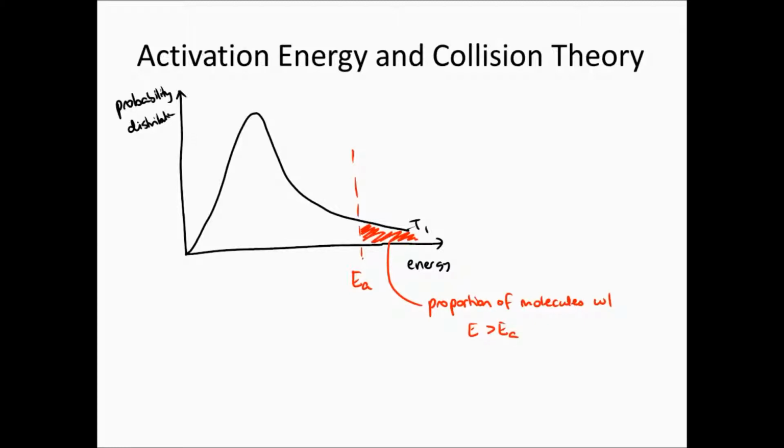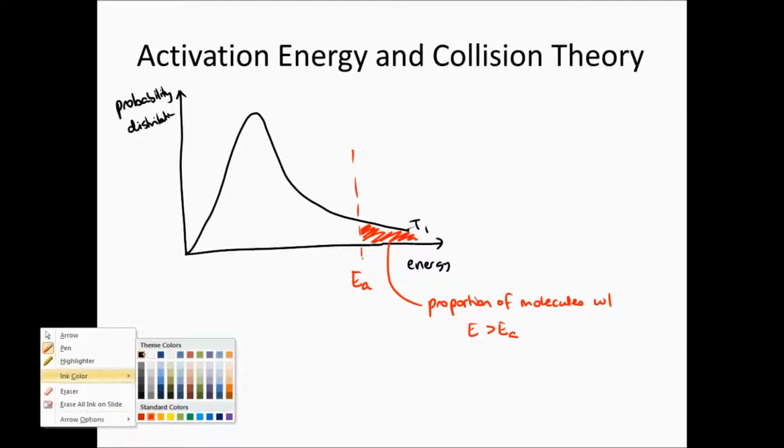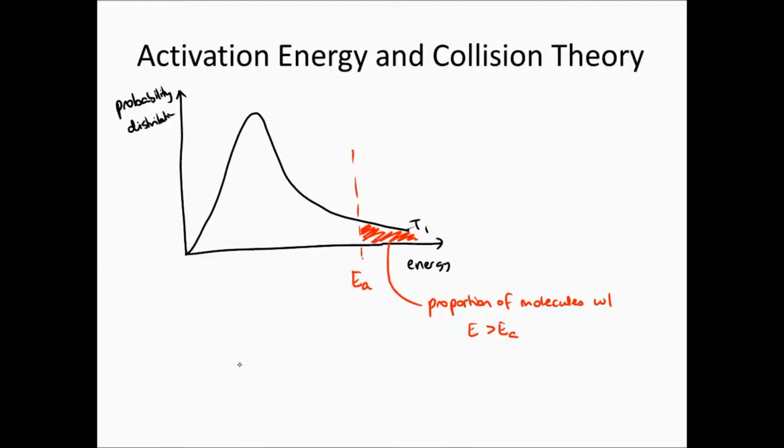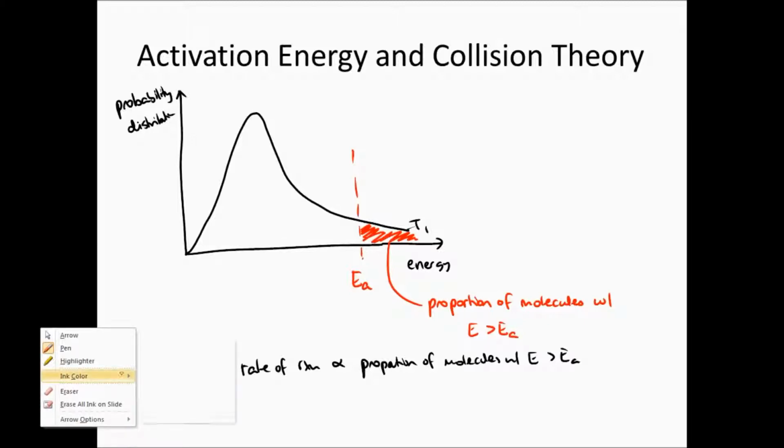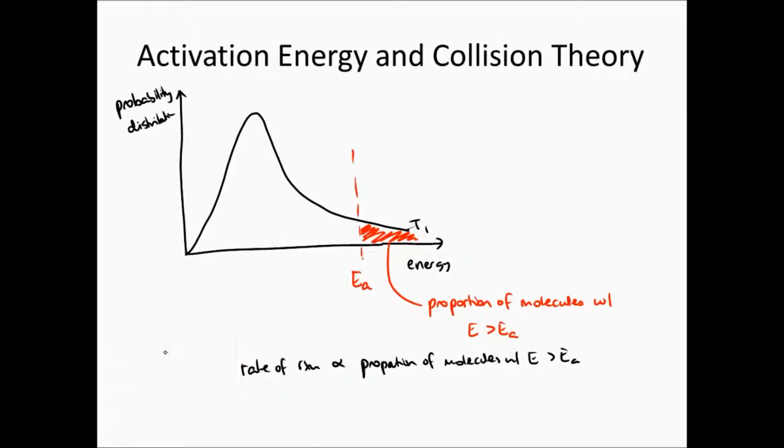So therefore, the reaction rate is proportional to the proportion of molecules with energy greater than the activation energy. So this is the sufficient energy criterion written in terms of molecular speeds.